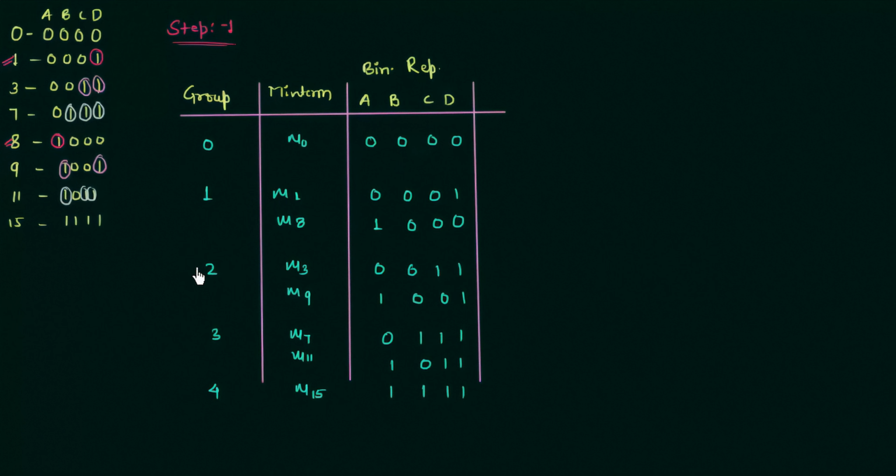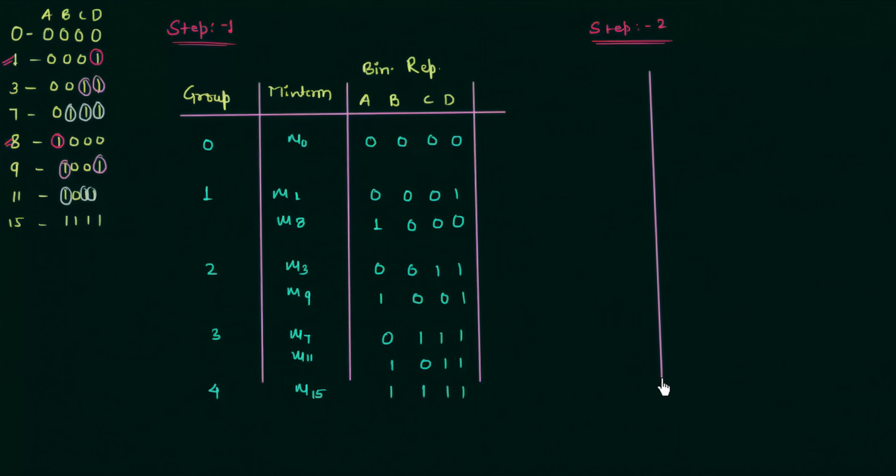In step number 2 we are going to use this table and we will fill another table. So in step number 2 we will have to make another table, and that table will be the same, and we will fill that table depending upon this table, which we will see shortly.